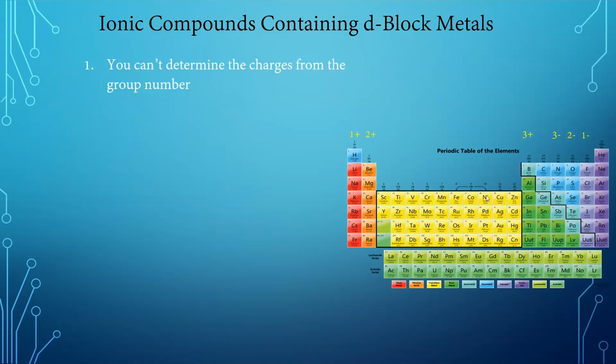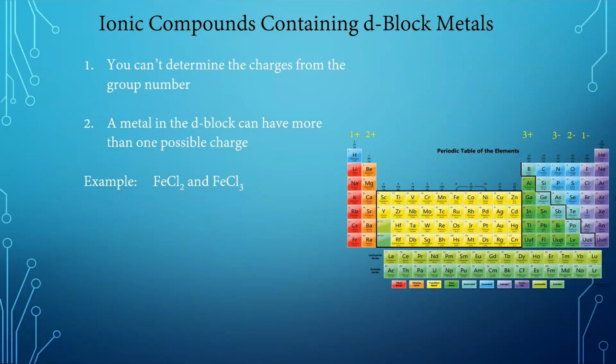The fact that nickel is in group 10, it doesn't mean it's going to have a charge of 10. So we cannot simply look at the table like we were able to do in the S and the P block. Our second problem is that the metals in the D block can actually form ions of different charges. For example, nickel can have a charge of +2 or +4. That, of course, has nothing to do with the number 10. Gold can be a +1 or a +3. You cannot get that information from the periodic table, so we have to find another way to determine that information.